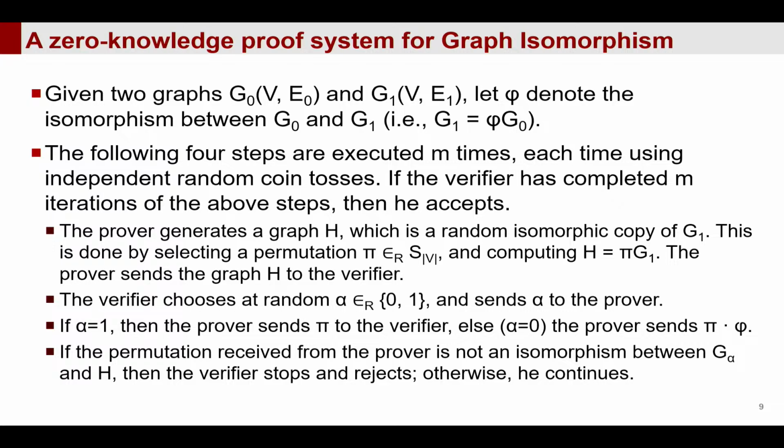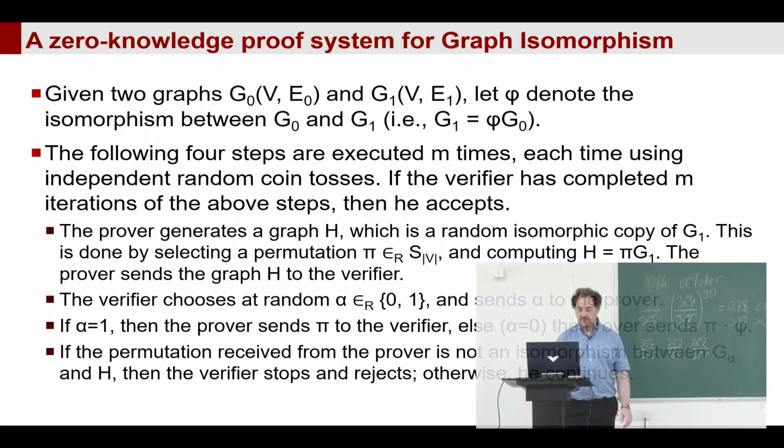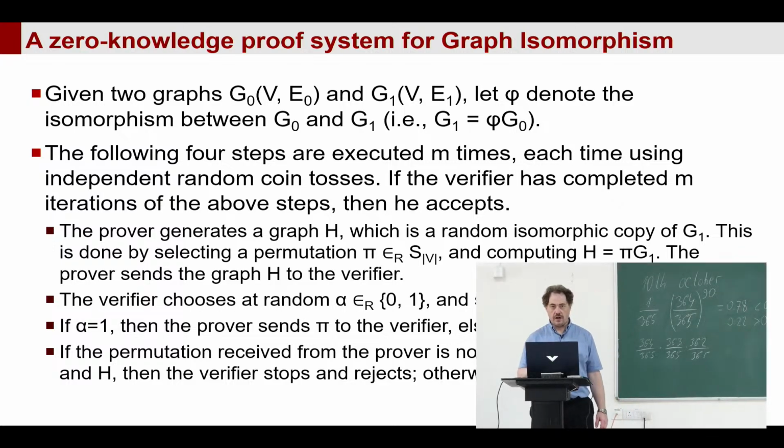Then the prover sends the graph to the verifier. The verifier chooses at random a coefficient alpha, either 0 or 1, and sends it to the prover. Now, if the coefficient is equal to 1, then the prover sends the permutation pi to the verifier.